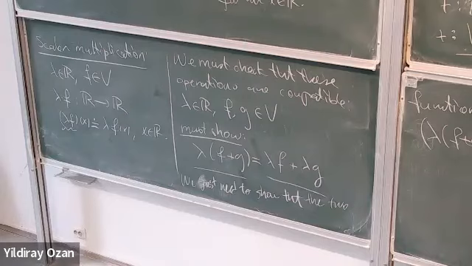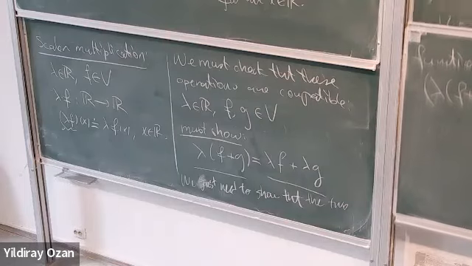Lambda times f of x is nothing but the value of lambda times f evaluated at x, and similarly, this is just lambda times g evaluated at the point x. Right? Bir fonksiyonu skalarla çarpmanın tanımı bu. O fonksiyonun değeri, fonksiyonun değerinin lambda katıdır. And then this is just lambda times f plus lambda times g at x. This is the vector addition, the addition of two functions defined this way.